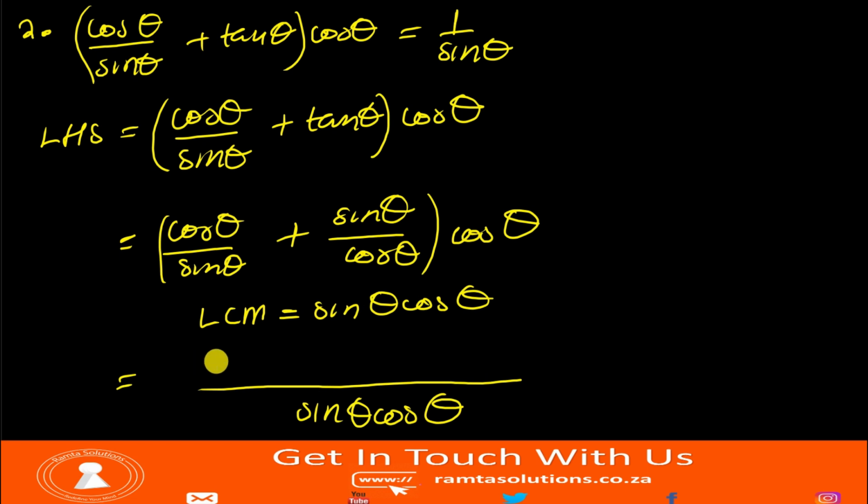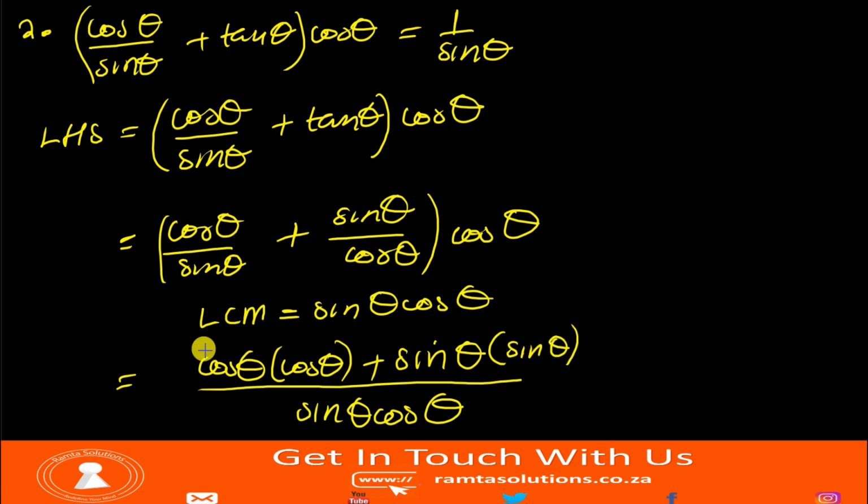Now you will say cos theta, and then lowest common multiple divided by the denominator of this fraction. This means you will have cos theta times cos theta plus, this is sine theta. You will say lowest common multiple divided by the denominator of this fraction, which is cos theta. So if you divide this by cos theta, you are left with sine theta.